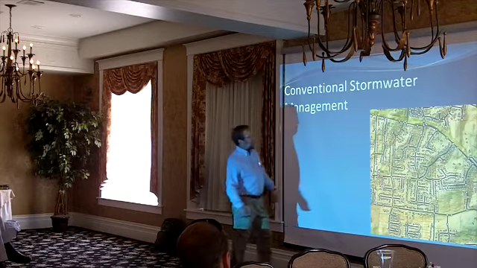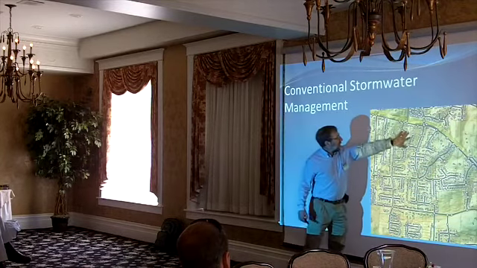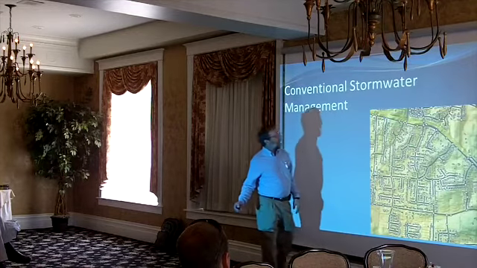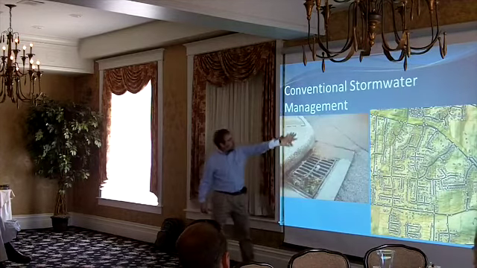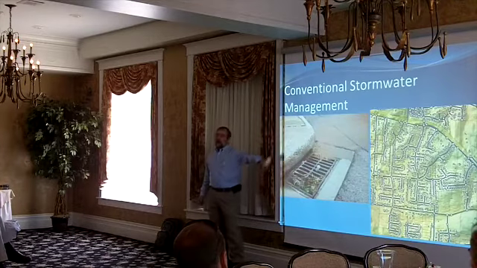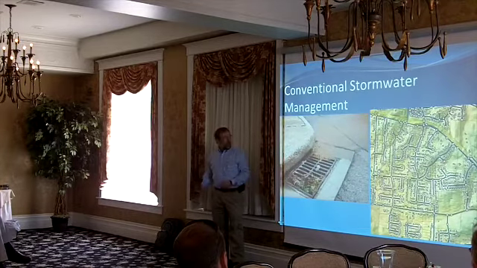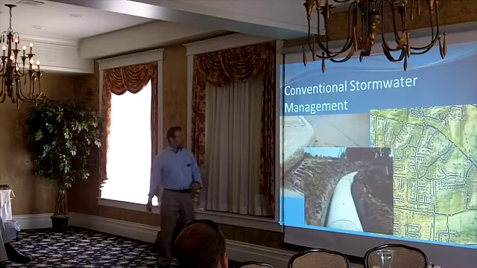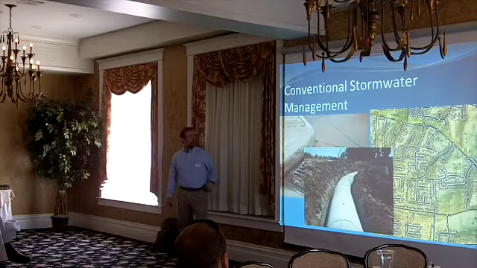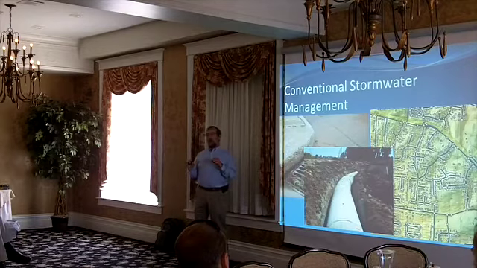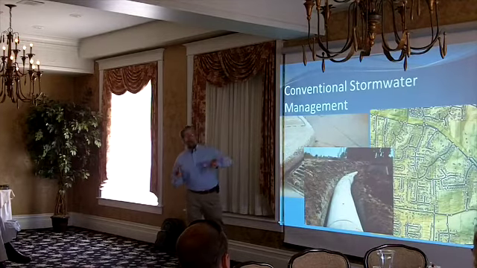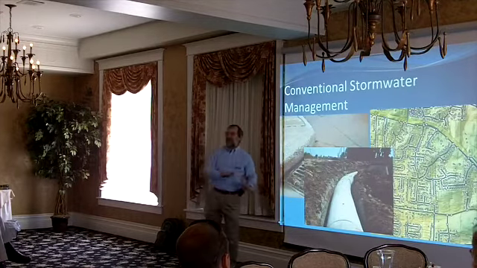So we set up extensive stormwater systems with catch basins and pipes all along the road, curb and gutter, collecting every drop of water that comes off of our roadways and channeling it into pipes to quickly carry the water as fast as possible into the nearest waterway. We have to change all this.